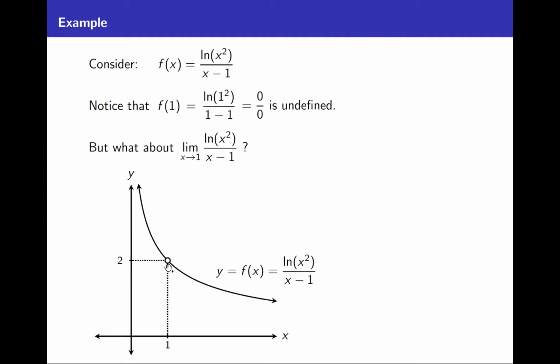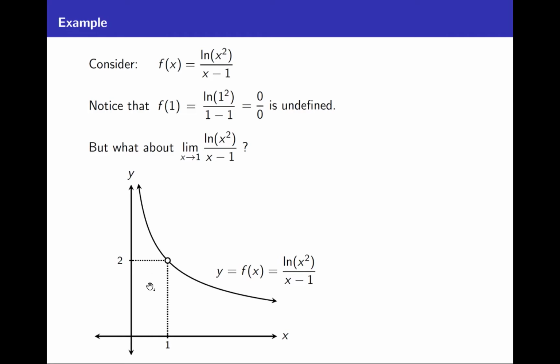It has a hole in the graph at x equals 1. Remember that f of 1 wasn't defined, so there's going to be no part of the graph over x equals 1. But otherwise, the graph looks like this. And it so happens that if you graph this really carefully, as I've done here, and you look at it, that hole appears to be at y equals 2.